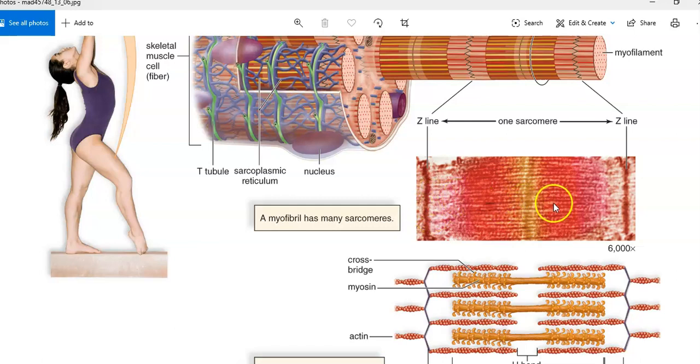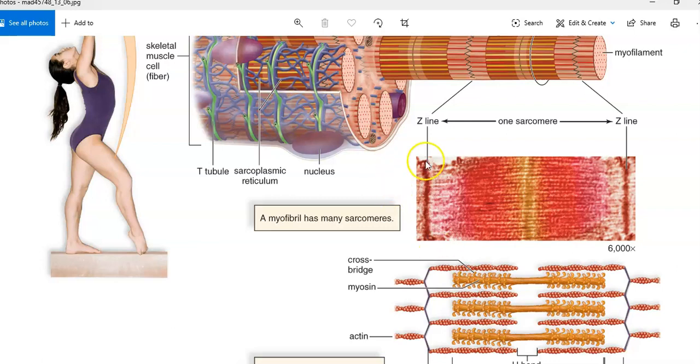Those stripes are there, and those different areas are there because of the arrangement of different proteins. Actin and myosin are the two main proteins. Myosin is referred to as the thick fiber or filament, and actin the thin. And it is the behavior of those, the way those interact with each other that cause muscles to contract.